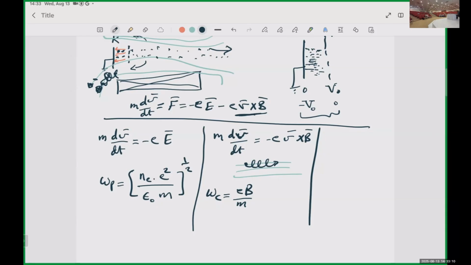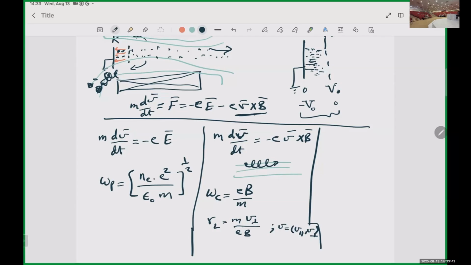Of course, the Larmor radius, the radius of this motion, can be given as r = v_perp / omega_c, where the velocity can be written as a vector with a parallel component and a perpendicular component, correct? From the vector analysis, you remember how to write vectors in terms of their tangential and normal components, or parallel and perpendicular components.